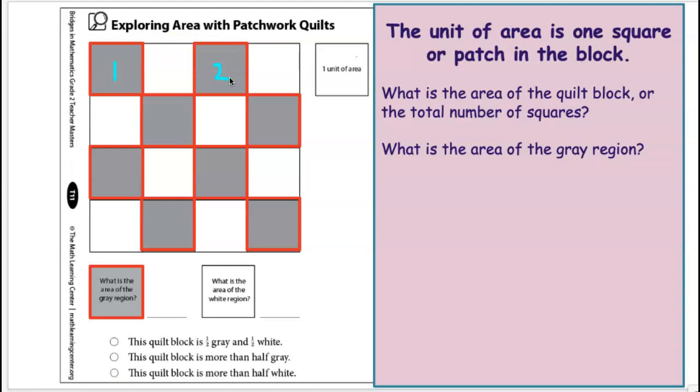Wow, well I know that I can just go ahead and count those by 2 if I go by rows again. So I have 2, 4, 6, 8 units. 8 gray units. So what is the area of the gray region? It's 8 units.